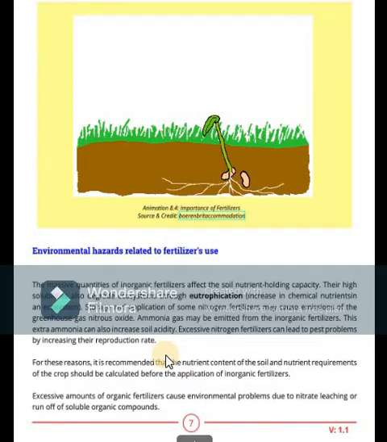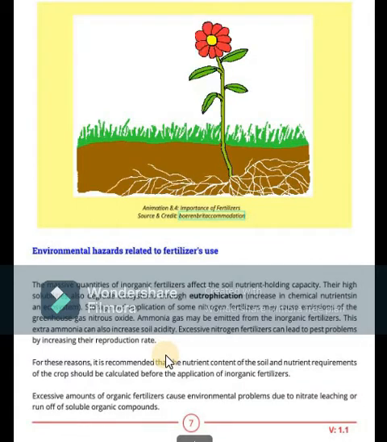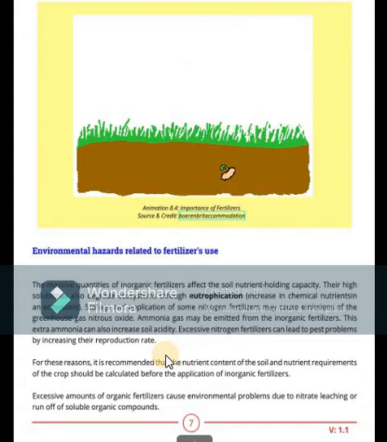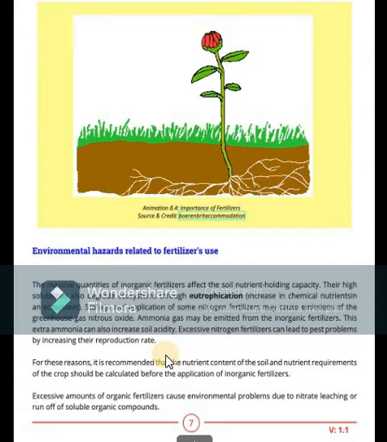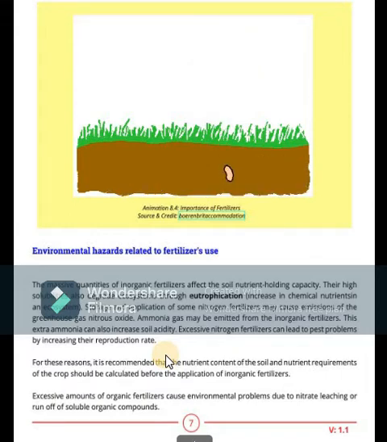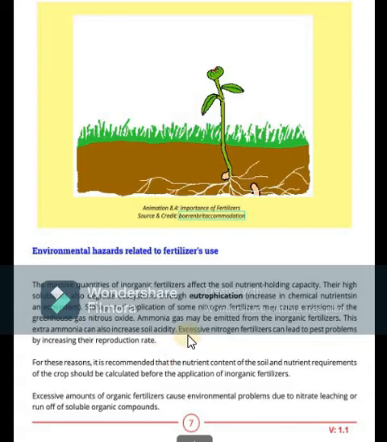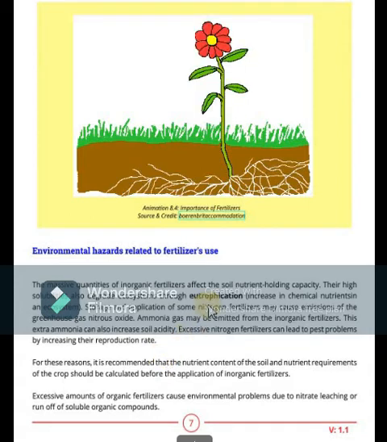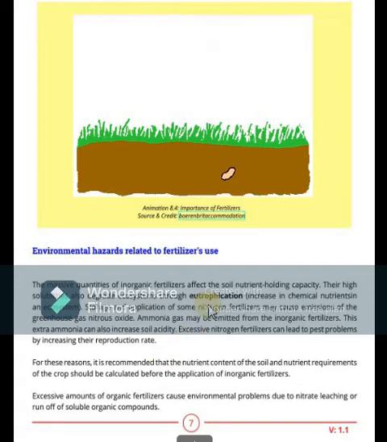The next thing is the environmental hazards related to fertilizers, and how fertilizers are harmful for our environment. A massive quantity of inorganic fertilizers affects the soil's nutrient holding capacity, and their high solubility also degrades ecosystems through eutrophication. Eutrophication means an increase of a specific nutrient in an ecosystem.